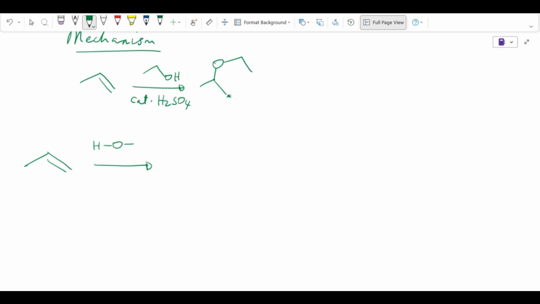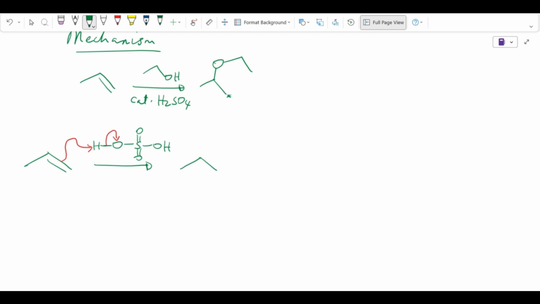So whenever you're doing a mechanism under acidic conditions, the first step is always protonation. So draw the curved arrow from the pi bond, which is your electron source, towards the hydrogen or proton of the acid. The bond between hydrogen and oxygen is going to break, and the excess electron will go on to this oxygen.